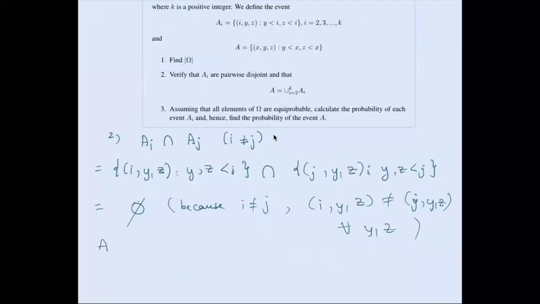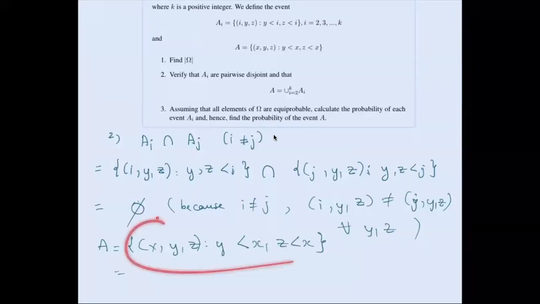So I will write down A. A is (x, y, z), where y is smaller than x and z is smaller than x. If you recall the concept of partition that we talked about in the last tutorial, how can we partition this set based on the value of x? What are the possible values that x can take on?